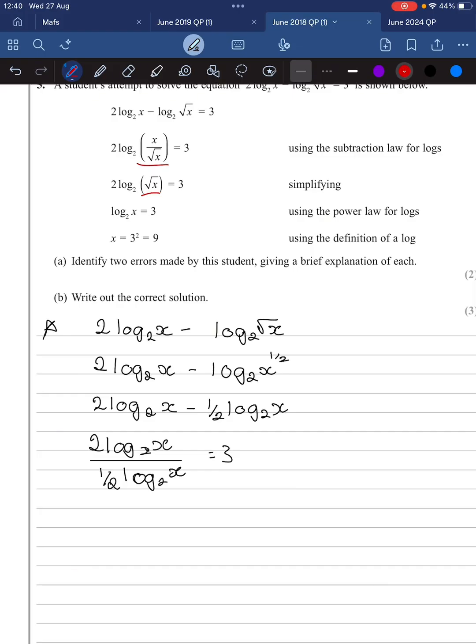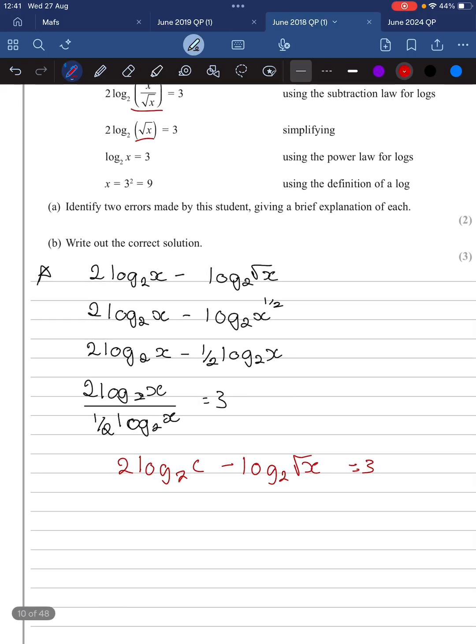So when we're given things like 2 log 2x minus log 2 root x equals 3, the first thing we would have to do is make sure that both logs are the same. And by that I mean there shouldn't be any number beside it.